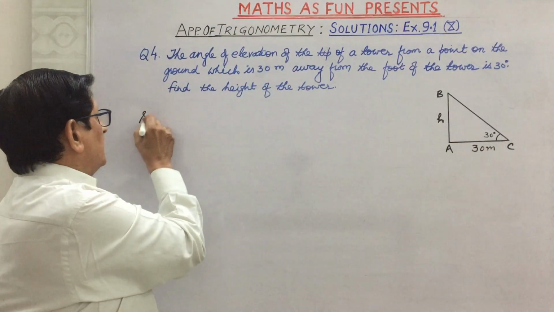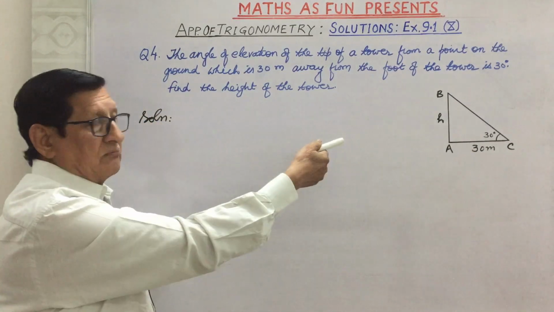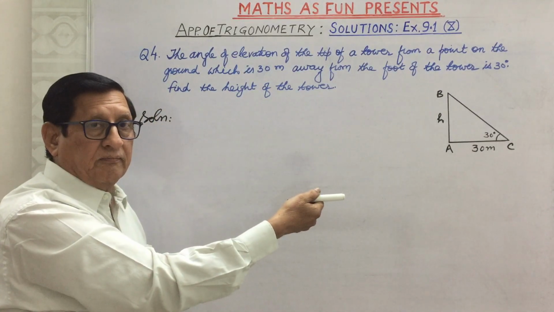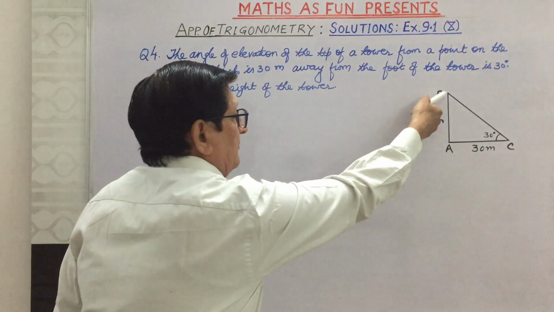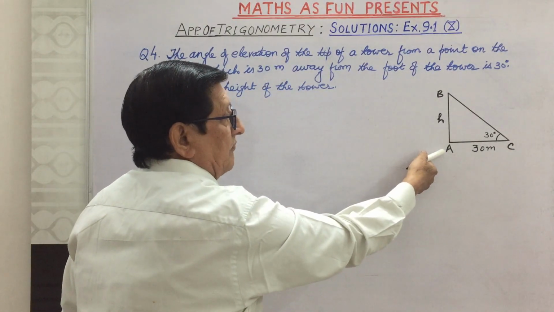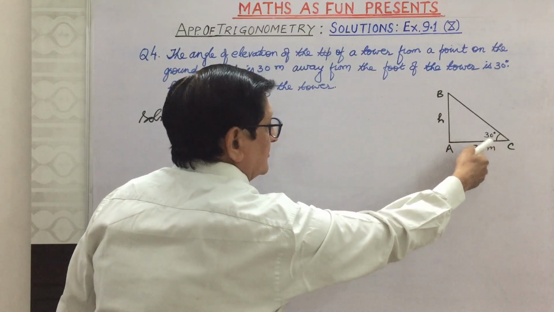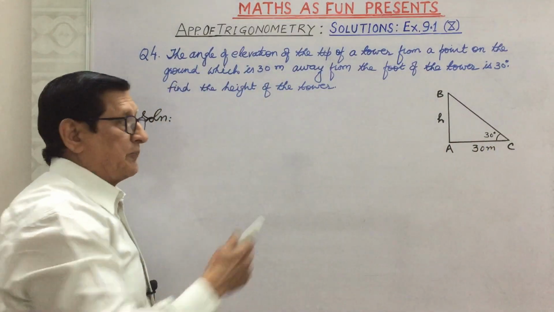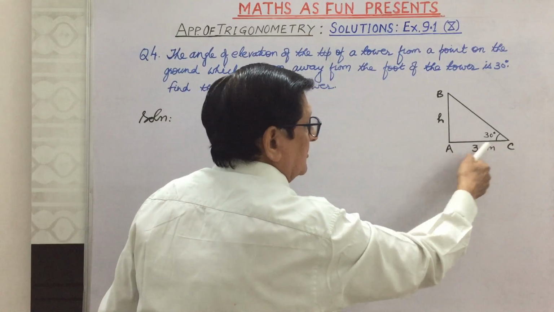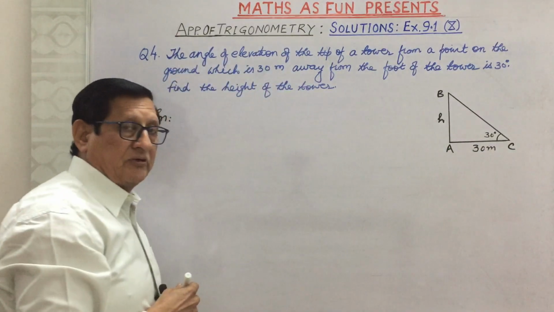For the solution, first we will draw the diagram as we have been doing earlier also, and consider that AB is the tower and the top of it is making an angle of elevation that is 30 degree here. The point C is at 30 meters away from the foot of the tower.